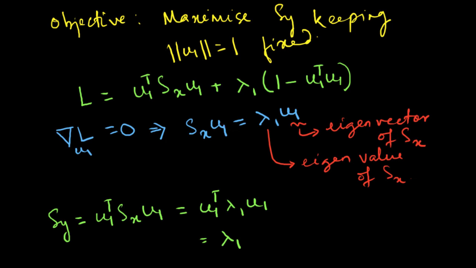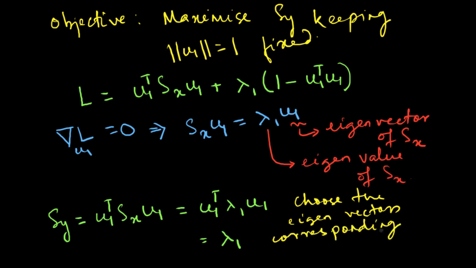So essentially, in order to maximize your Sy, you choose the eigenvectors corresponding to larger eigenvalues. Using this procedure, we have identified one eigenvector and one eigenvalue.